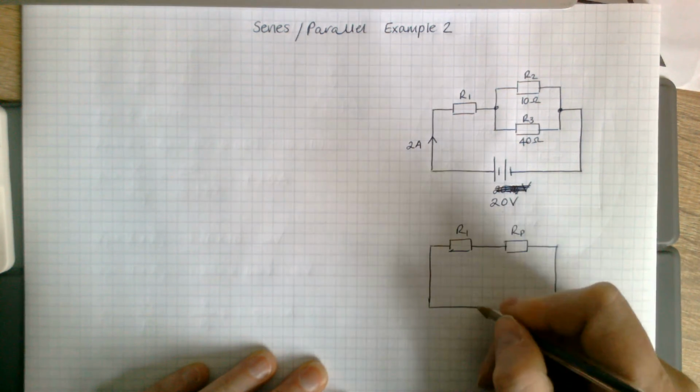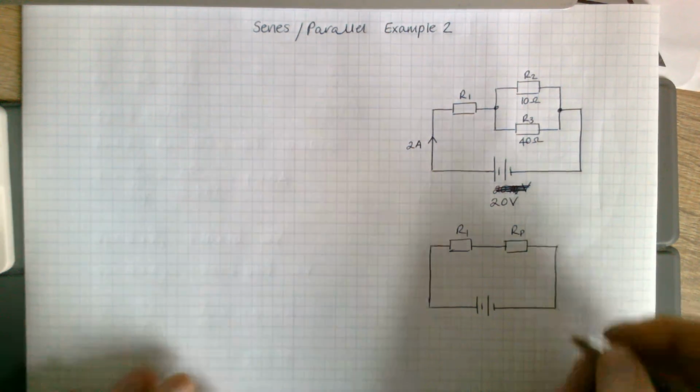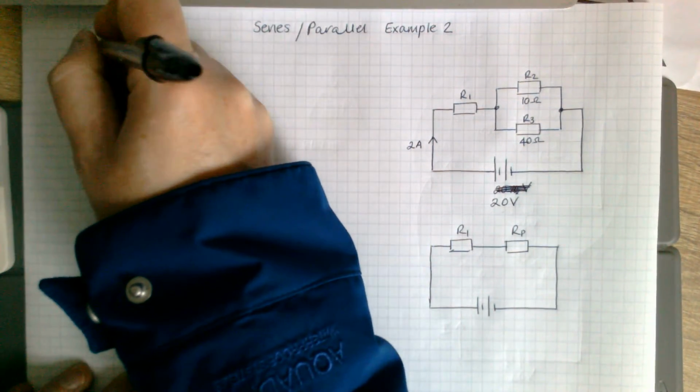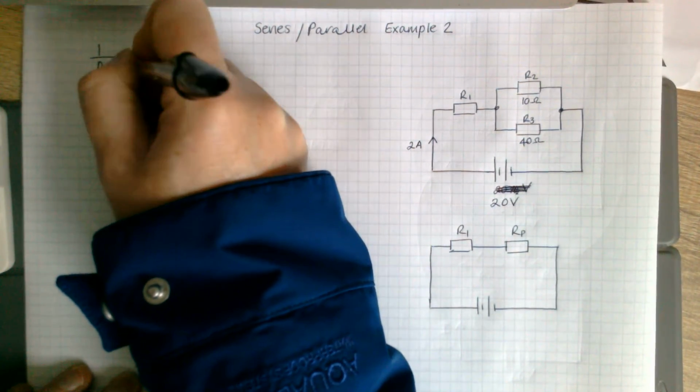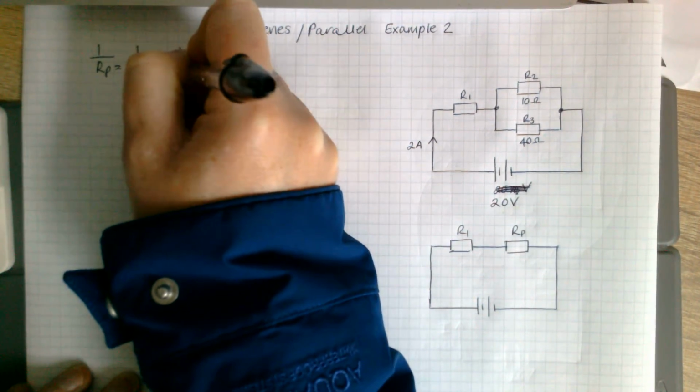So using the same technique that we used in the last circuit, we're going to work out the value of RP. That's our first rule. So we know that 1 over RP equals 1 over R2 plus 1 over R3.